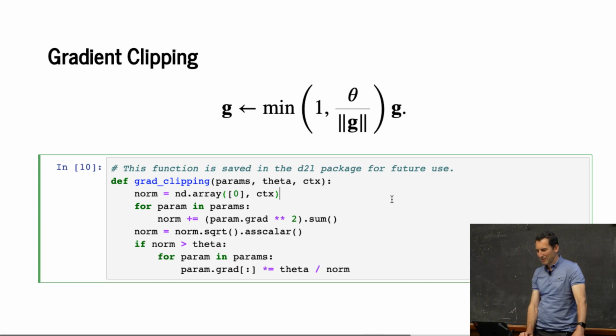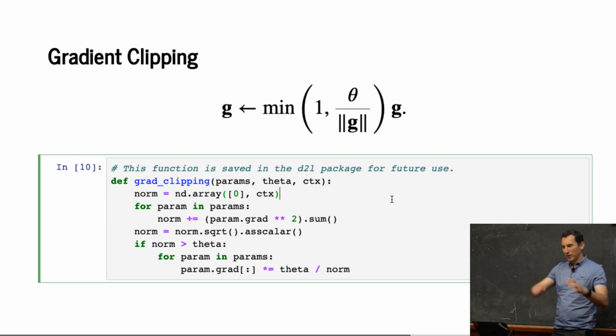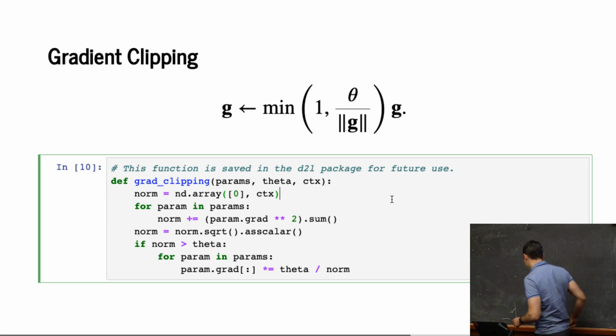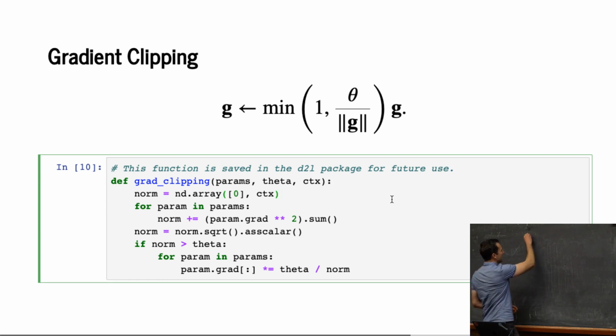So the next thing that we need to worry about is gradient clipping. Does somebody know why I need gradient clipping? We did this before, when we looked at overall gradients. Prevent divergence, exactly. So if my gradient is too large, let's draw the situation here.